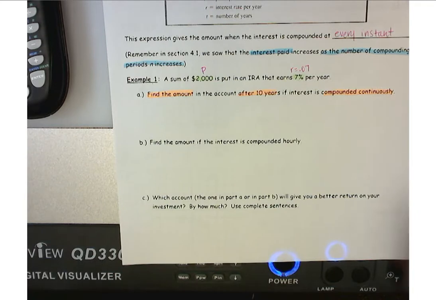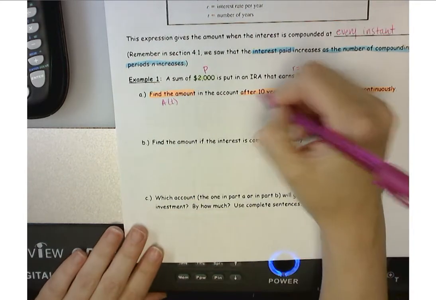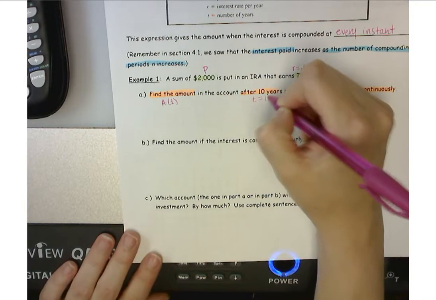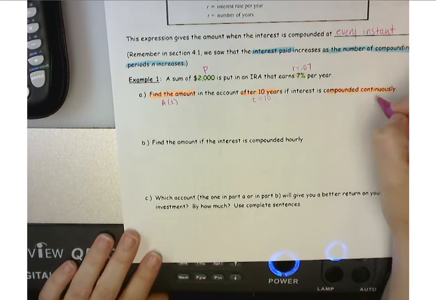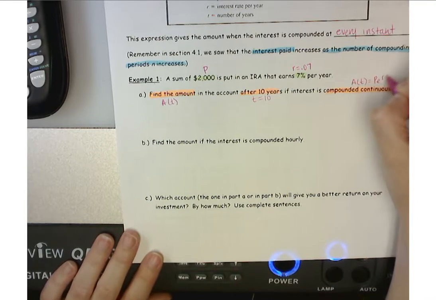Okay, so when it says find the amount, I know I'm finding my A of t. After 10 years means that my time is 10. This is compounded continuously, which means I have to use my Pert equation.